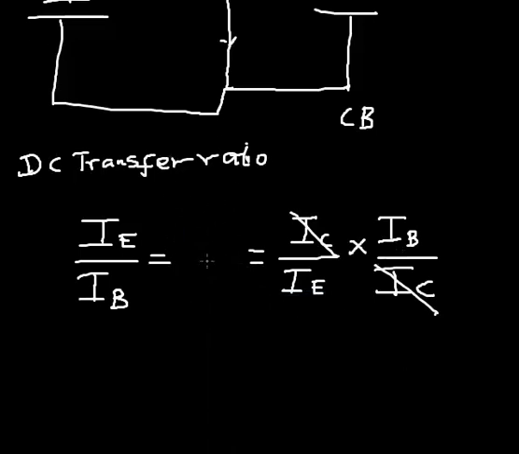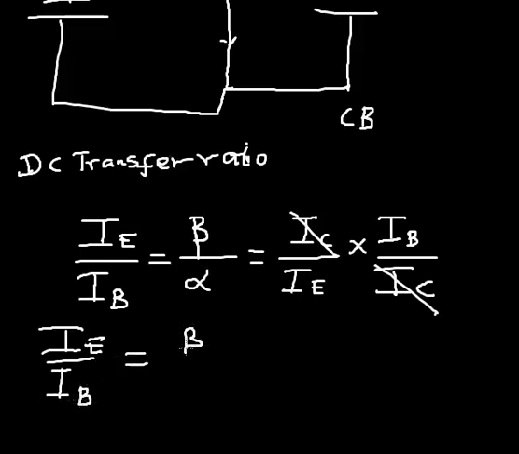Rather, the reciprocal of that is going to be beta over alpha. So invariably, the transfer ratio of common collector, IE over IB, is equal to beta over alpha.